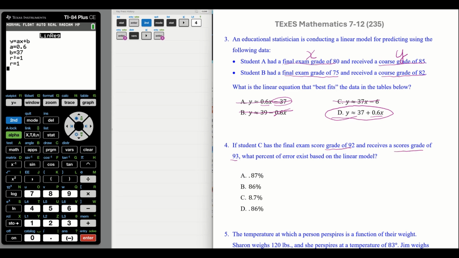This is receives a course grade. It'd help if I could type it in correctly. Sorry about that, a little typo business. There we go. Makes sense now.